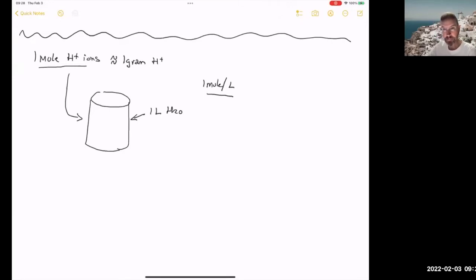Here's the thing. That is such an incredibly high concentration of hydrogen ions that it is incompatible with life. It is impossible to have that many hydrogen ions dissolved in a liter of water, let alone have that kind of concentration in the human body.